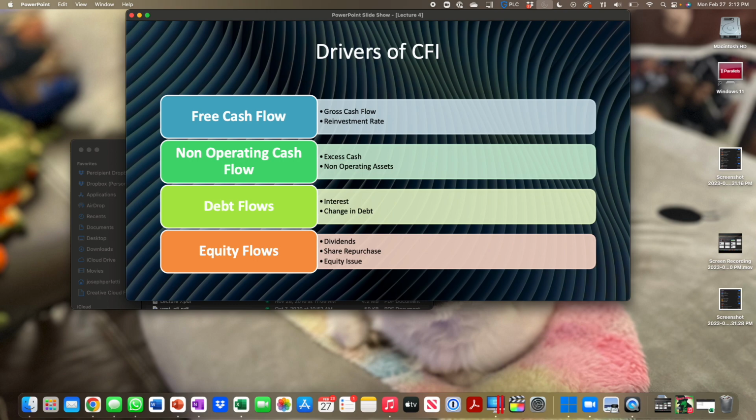The first box is called your operating cash flow, which is also known as free cash flow, okay? So what are the drivers of operating free cash flow, okay? And there's going to be 2 things there. One, what's your gross cash flow that you generate from the income statement, and 2, how much gross investment has been made back into the balance sheet. Okay, the net of that's your free cash flow.